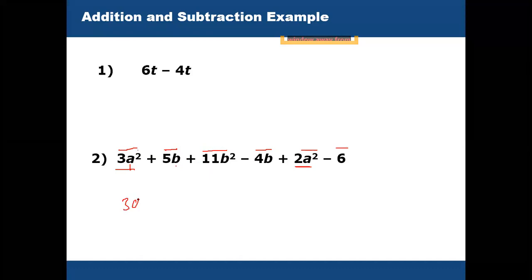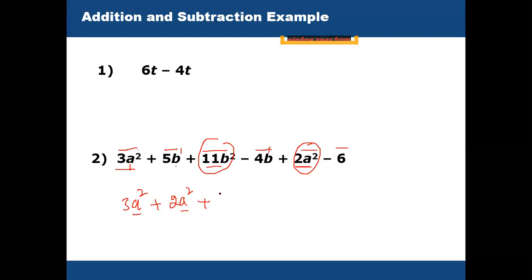Write down 3a square plus the second one we have, 2a square. Why? Because these are like terms. Both have variable a to the power of 2. Next, let's suppose we have b square. Do we have another b square? No, we don't have b square. We have b power 1, b power 1, but we don't have b power 2.